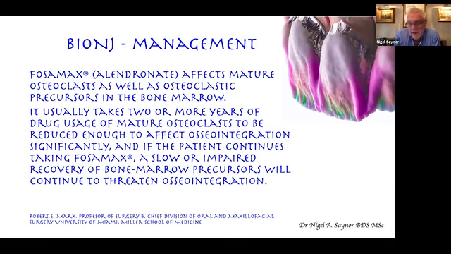And if the patient continues taking the alendronic acid, you'll get a slow or an impaired recovery from the precursors that will threaten your osseointegration. So long-term use, be extra cautious.